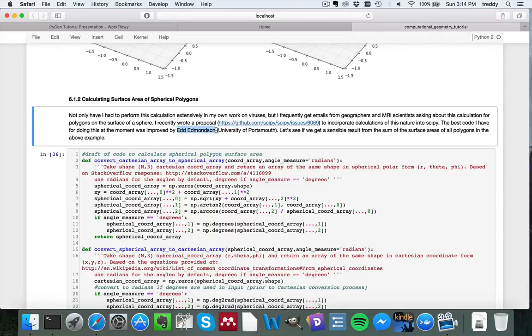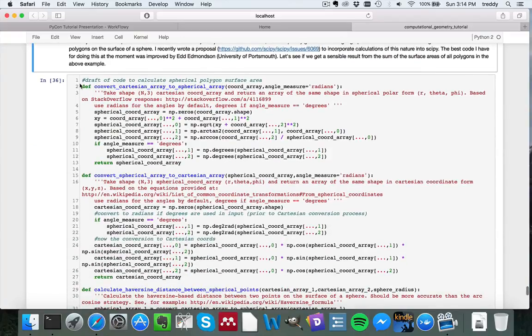Ed Edmondson, a scientist at the University of Portsmouth, kindly reviewed my code after I gave a talk in London last year. He's certainly improved the performance and the correctness of this spherical polygon surface area calculation code. And you can see I've just pasted the code in that we've been using.